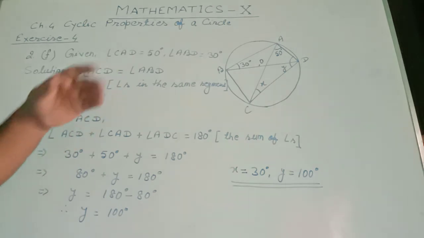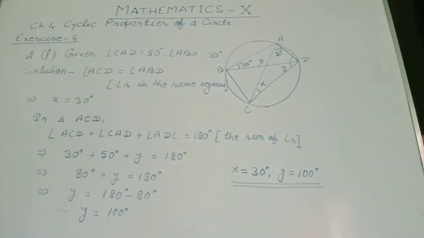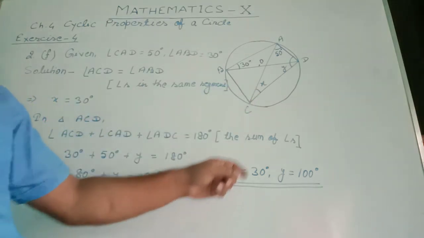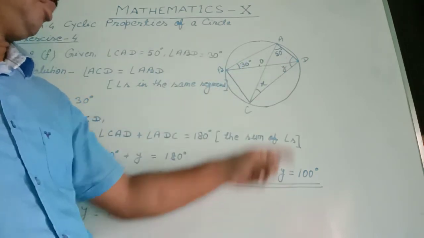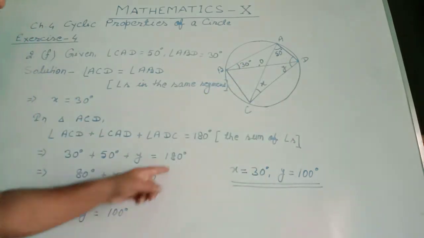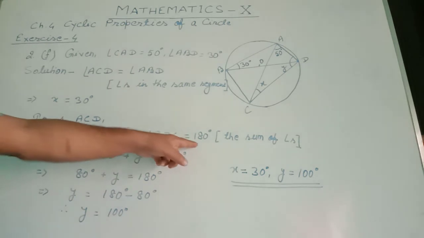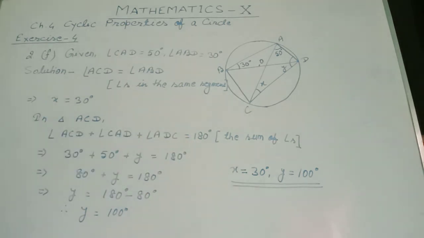Now we come to triangle ACD. To say, the sum of angles of a triangle equal to 180 degree. So angle ACD plus angle CAD plus angle ADC equal to 180 degree, the sum of angles. ACD is X, the value of X is 30 degree, I wrote here.